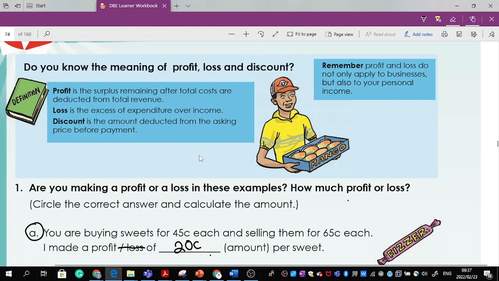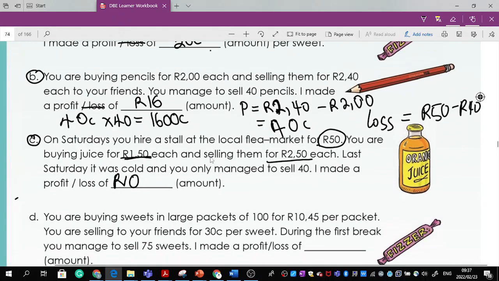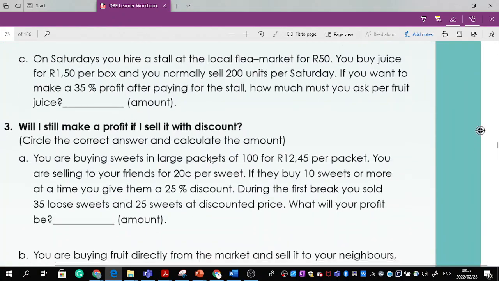So if you're selling one mango at 5 rands, then you decide to sell at a discount, maybe at 3 rands. Or if someone buys 5 mangoes or more, you give a discount of maybe 2 rands. Okay, so that's what I want us to look at today.